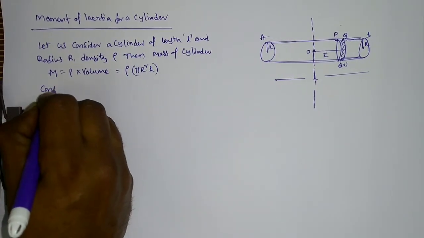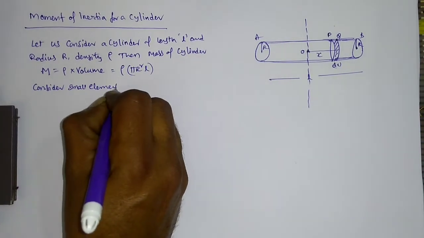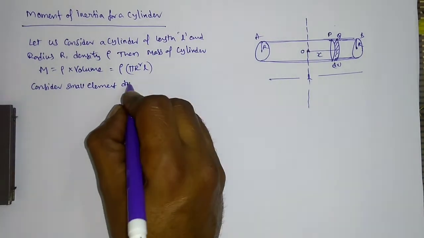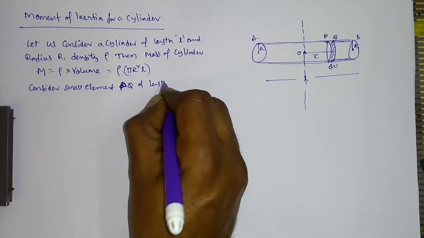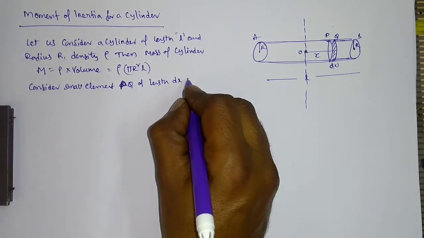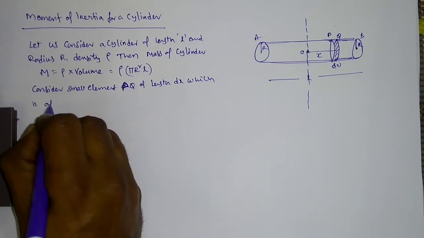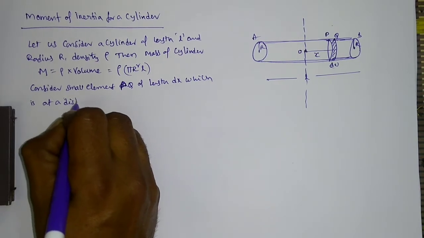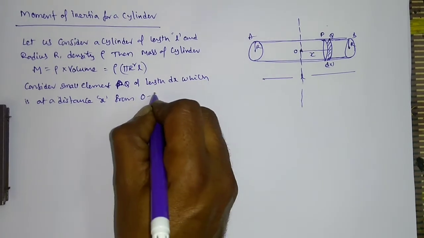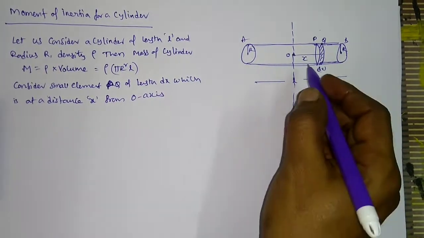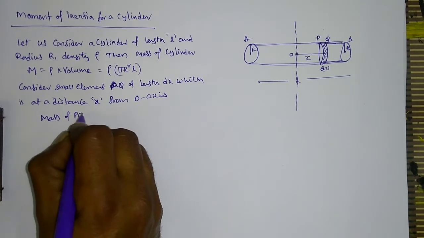So we consider a small element PQ of length dx, which is at a distance x from the O axis. That means for this small length PQ, we need the mass of PQ.